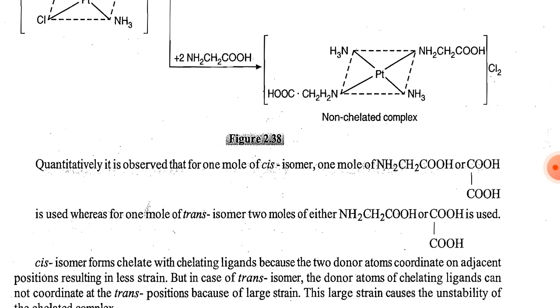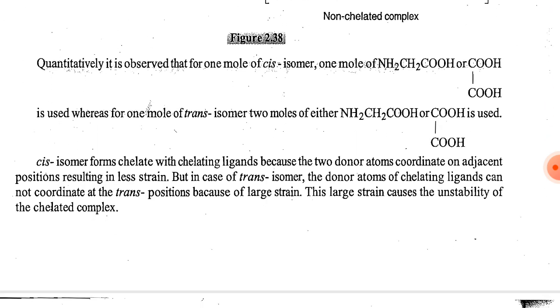So with oxalic acid the cis form shows a cyclic structure, and with glycine the trans form shows a non-chelated, that means non-cyclic, structure. Quantitatively, it is observed that for 1 mole of the cis isomer, 1 mole of glycine or 1 mole of oxalic acid is used.